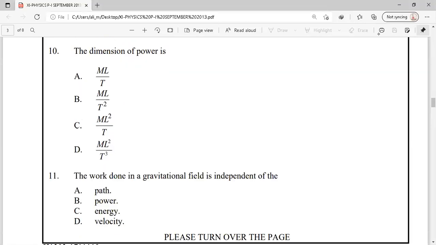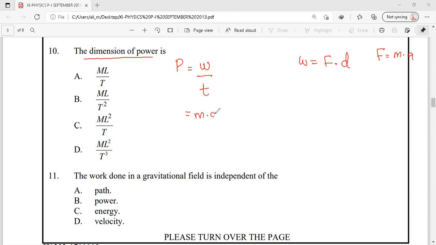Let's come to question number 10 and 11. In question number 10, we have to find the dimension of power. We know that power is equal to work done divided by time. Work is equal to force into displacement. And we know that force is equal to mass times acceleration. So power will be equal to mass times acceleration times displacement divided by time t.